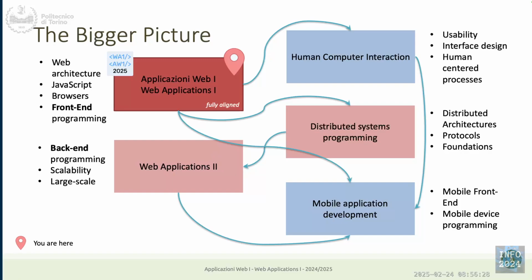We have Web Applications 1 and Web Applications 2. Web Applications 2 will focus mostly on the server side of the programming, so the two will complement each other. In between, we have a course on distributed system programming, which will study the foundations, the protocols, and the problems that arise when you are building distributed systems.